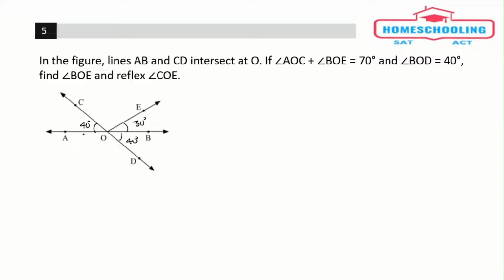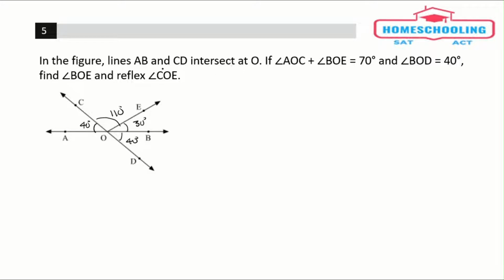And as we know that AB is a line, these three angles will form a linear pair, so the sum would be 180 degrees. So if these two are 70, then 180 minus 70 would be 110 degrees.